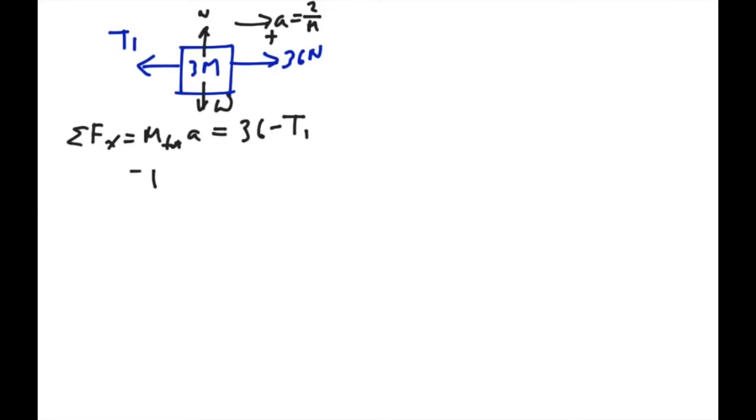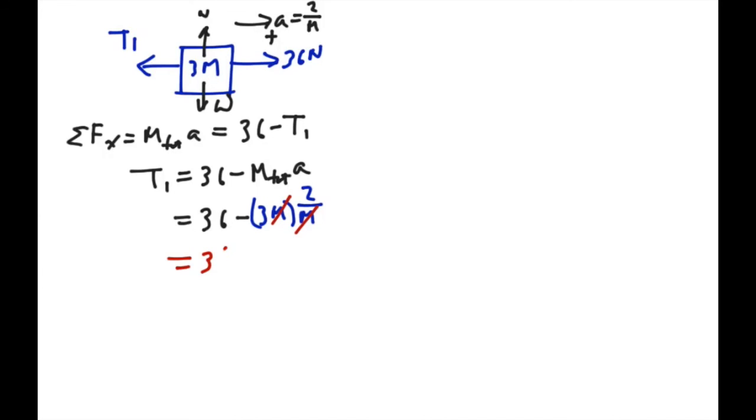Solving for tension 1, tension 1 is equal to 36 minus our total mass times acceleration. So that's 36 minus, and our total mass was 3m, our acceleration is 2 divided by m, the m's cancel out, so we have 3 times 2 is 6.